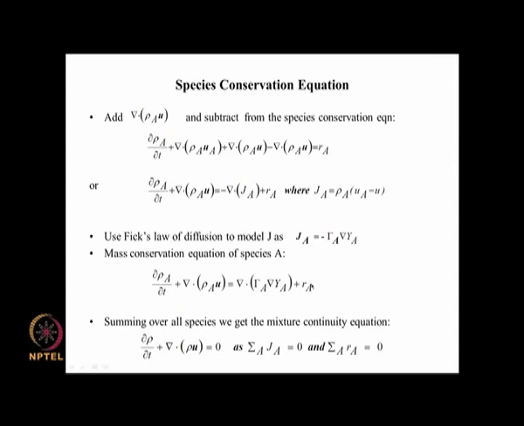So there are some rates which are positive and some rates which are negative for different species. So when you add up all of them on a mass basis, this goes to 0, and similarly the sum over all the species of the diffusion term will also become 0, so that we recover the mixture continuity equation as this.